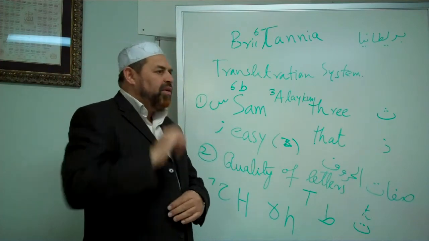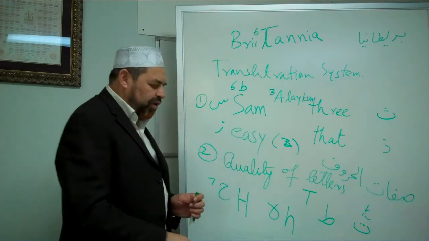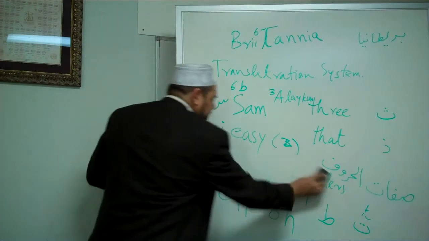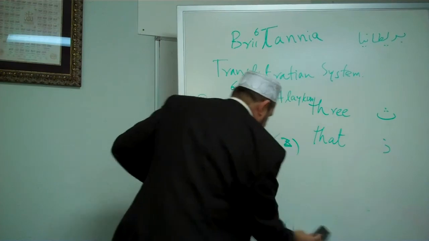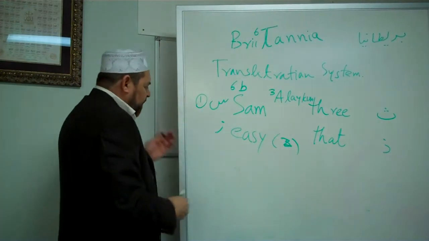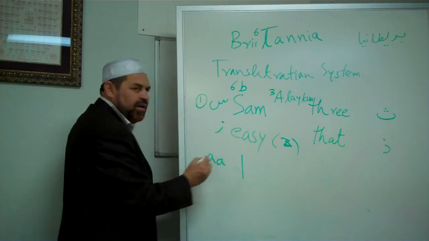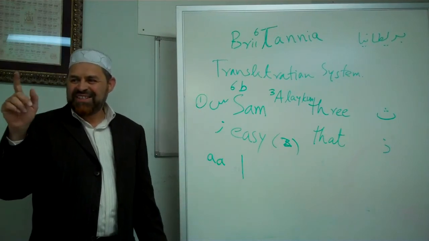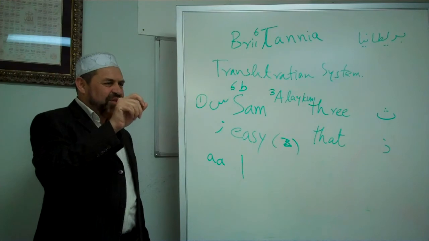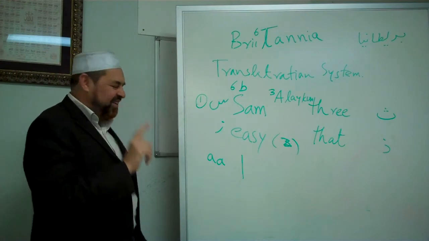Also for the long vowels and the short vowels, if you want to represent alif, you will see AA. Remember the duration we talked about last Sunday. You will raise your finger 2 times, 2 seconds.